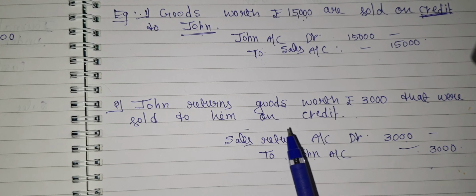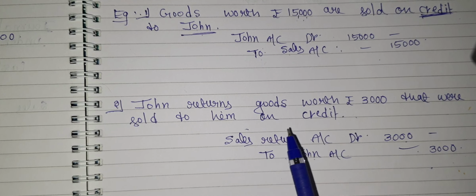It is a personal account, and the rule of personal account is credit the giver. Who is the giver? Goods are returned by John, so John is the giver. So we need to credit the John account. So the entry for sales return on credit is sales return account debtor to John account or account receivable account.